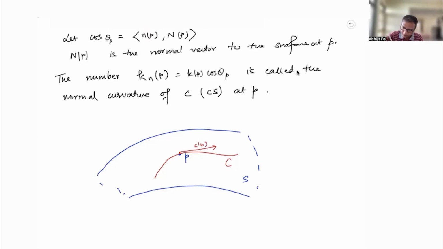And now I have these two vectors. This is my capital N, which is normal to the surface.